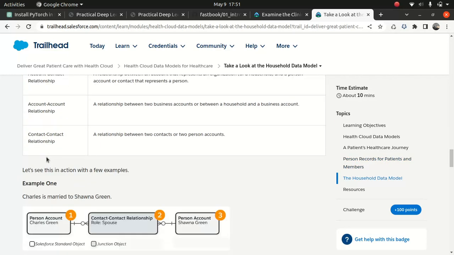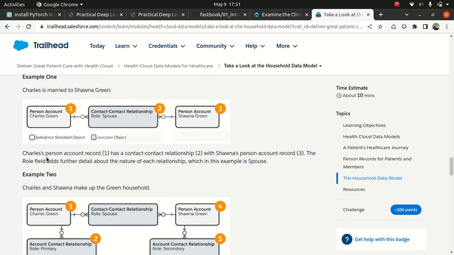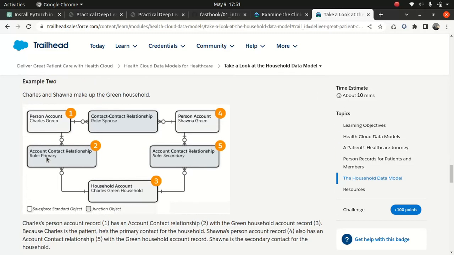If you look at the data model here, the Charles Green household is an account, which represents the house in Salesforce. And Charles is a person account, and his wife, Shauna Green, is a person account as well.